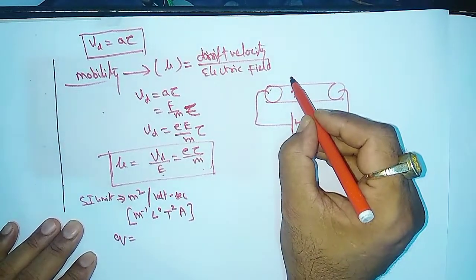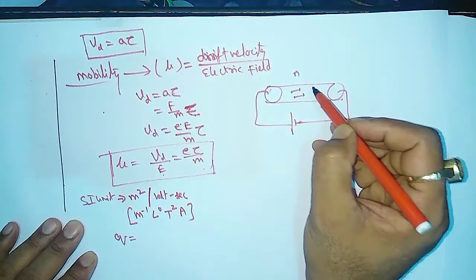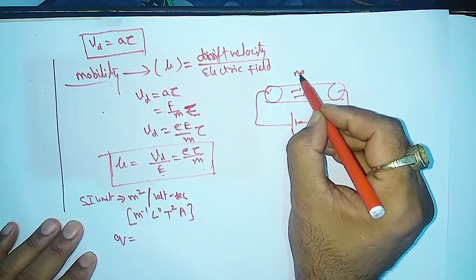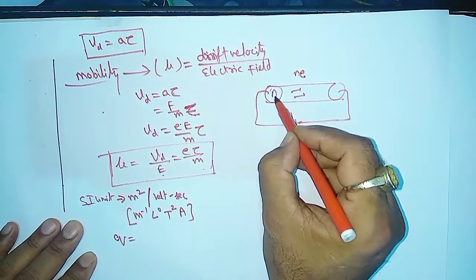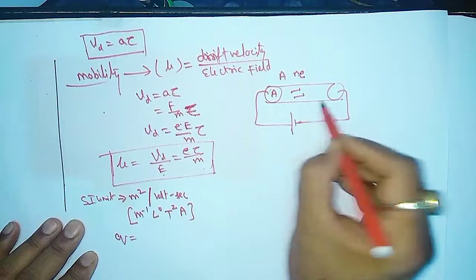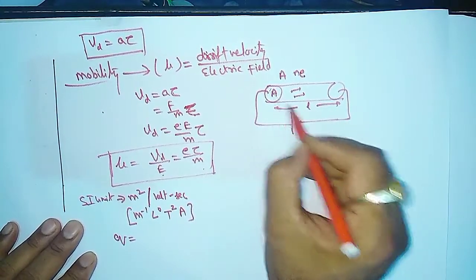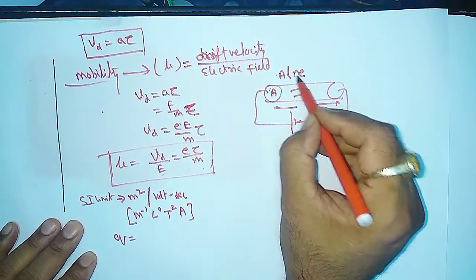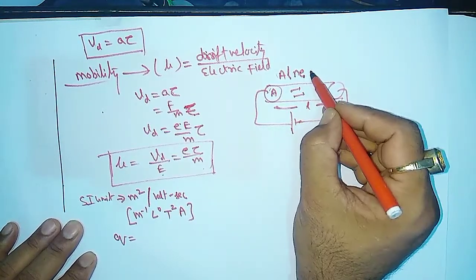Suppose n is the number of electrons, the charge of each electron is e, the cross-sectional area is A here, and the length is suppose L. So volume is A into L.